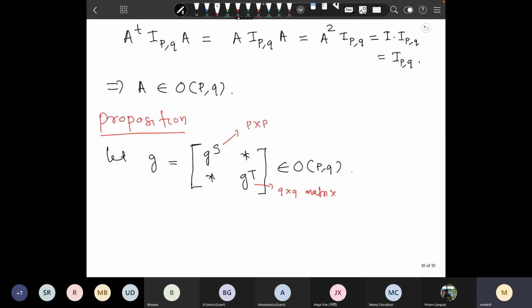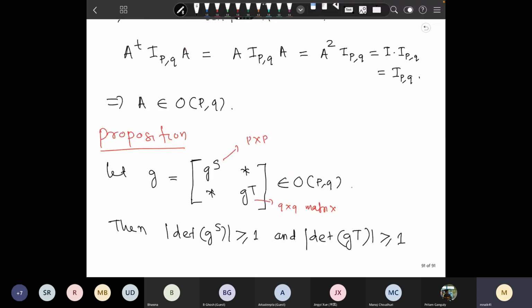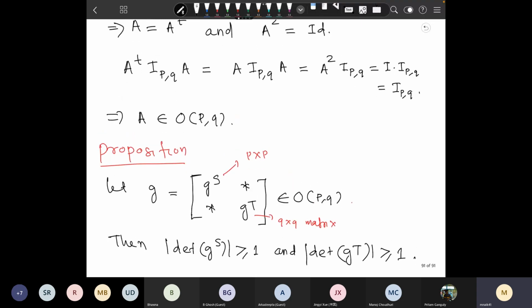I have shown that the modulus of the determinant of g_s is greater than or equal to 1, and the modulus of the determinant of g_tau is greater than or equal to 1. Okay, so remember this fact, we will use this, and remember this observation also.